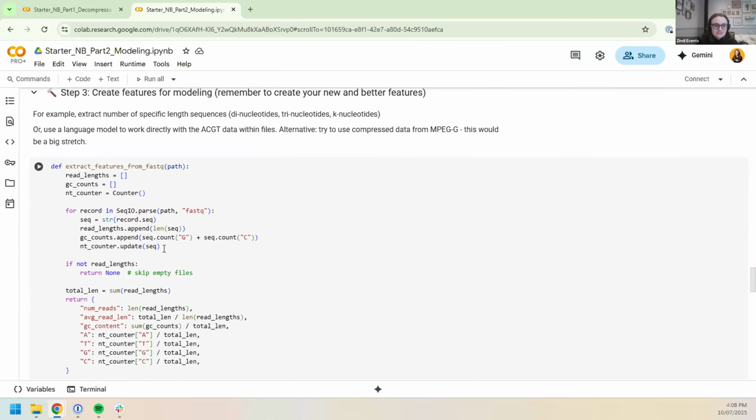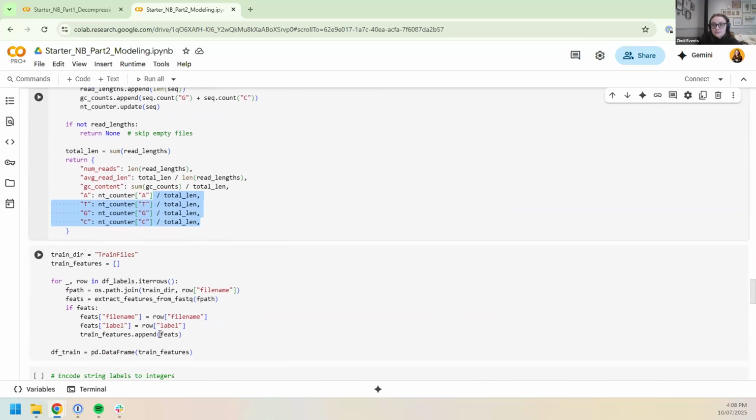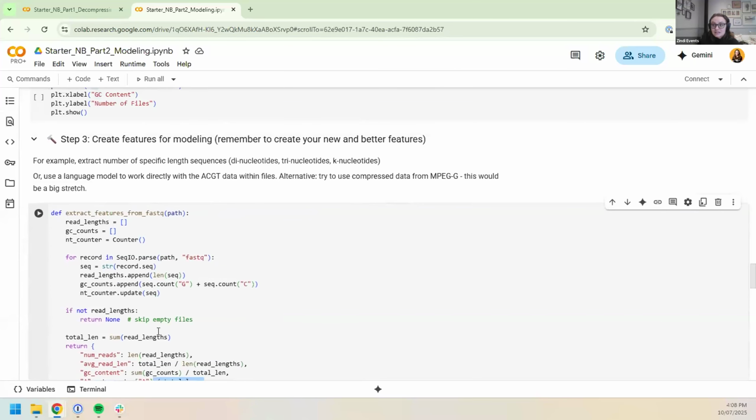As a non-bioinformatician, I just decided to look at the number of reads, the average read length, the GC content, and the ratio of ATGCs in either reads. So these are all the features I was using, but Nevenka came up with some brilliant ideas that she's just going to comment on, and these will hopefully prompt you.